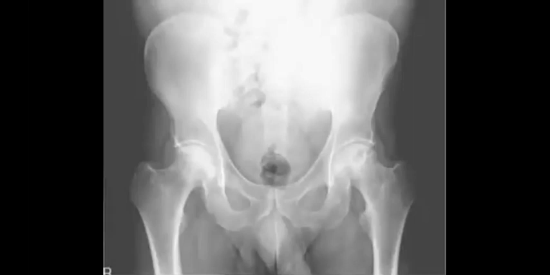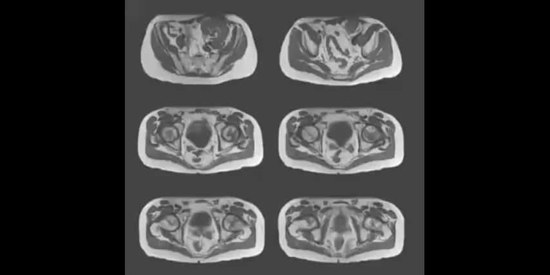Okay, so maybe I can show you now the cause in this case. I will show the MRI, and you can try, it is the easy one. Is there any SI joint obliteration in this pelvic X-ray?